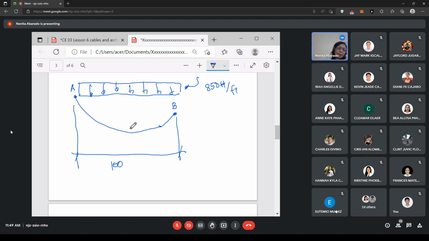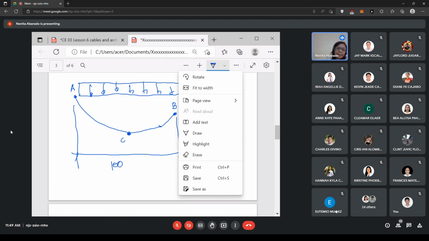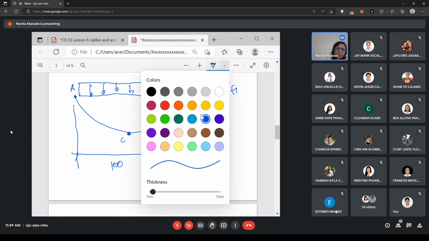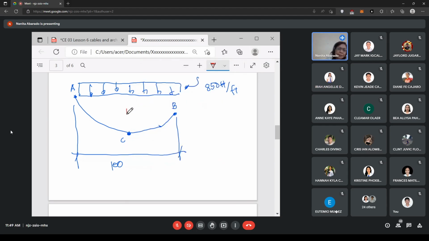So therefore, let us get the lowest point. Let's say this is point C, lowest point. So at this point C, let's say here, let me make this x. This is my x. So therefore, this one, class, is 100 minus x.